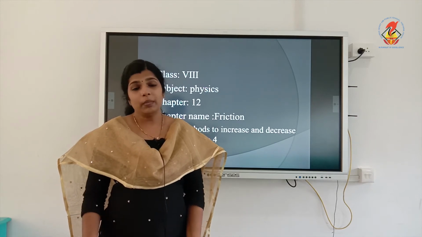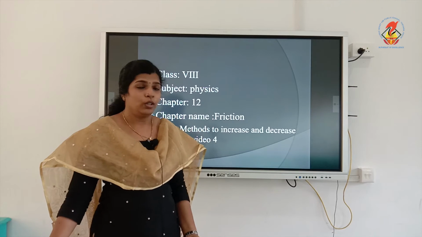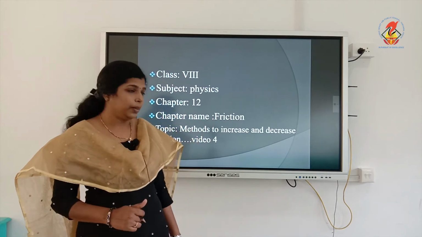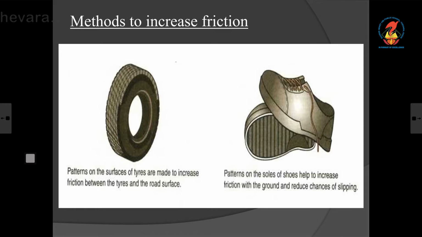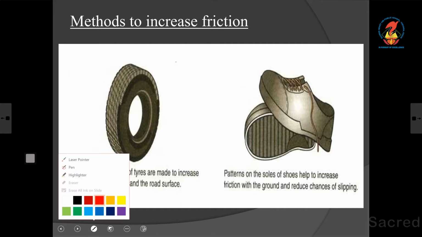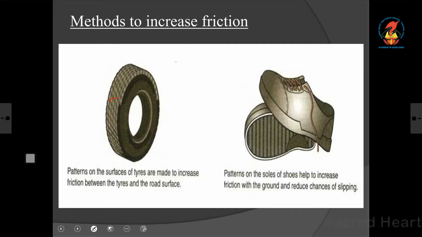Now, what are the methods to decrease friction? That we will discuss here. But before that, on methods to increase friction, you can see the patterns on this tire. These are threaded tires.